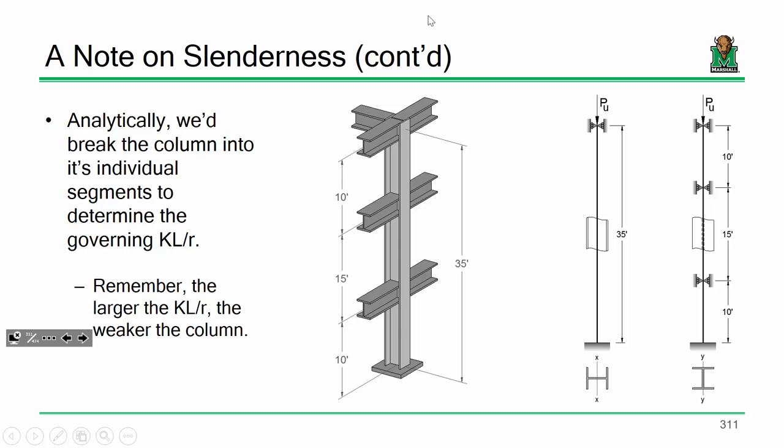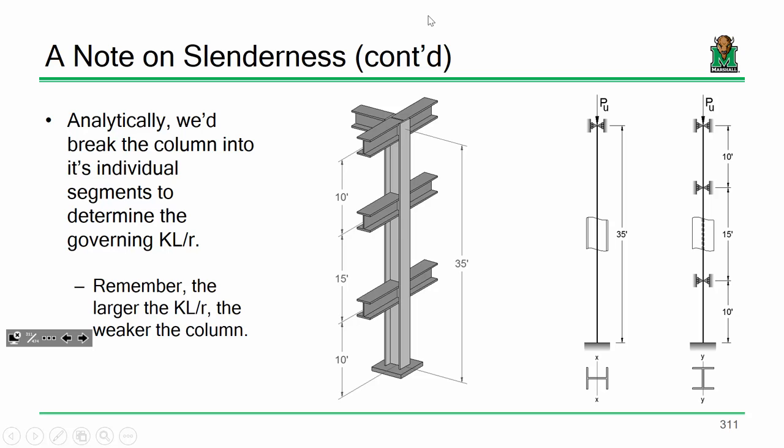Let me emphasize. If there were beams framing in on the strong axis, would it affect the capacity? Absolutely it would. Because on the x-axis, if you had a beam framing in here and here, you'd have a brace here and here. And instead of having 1, 2, 3 segments to look at, you'd have 6, because you'd have another 2 segments here. And in that case, probably the y-axis would govern.